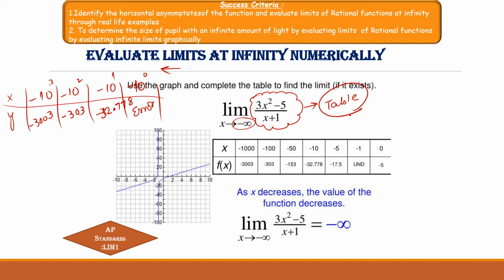None of the numbers is stable. The numbers are jumping from 30s to 300s, then to 3000s, with the negative sign. It means the y values are decreasing from right to left. So your answer will be negative infinity.